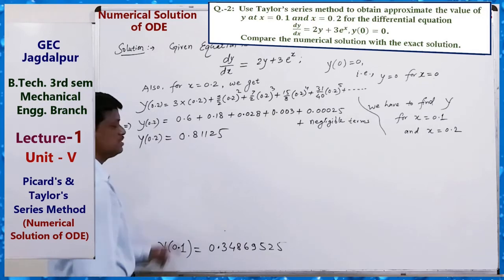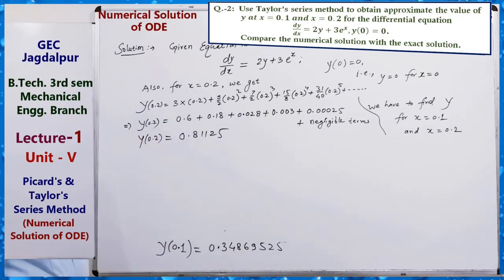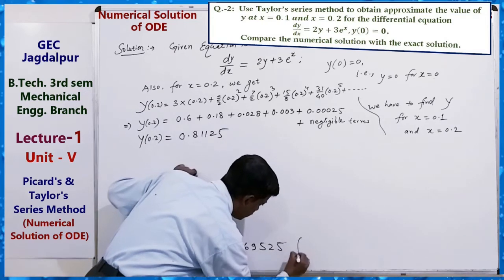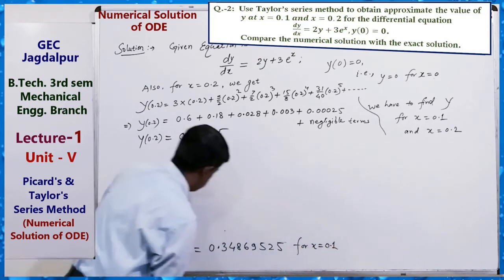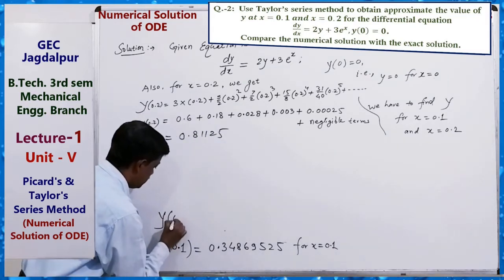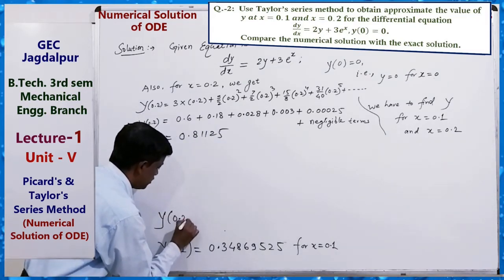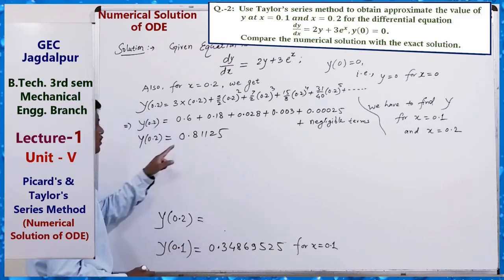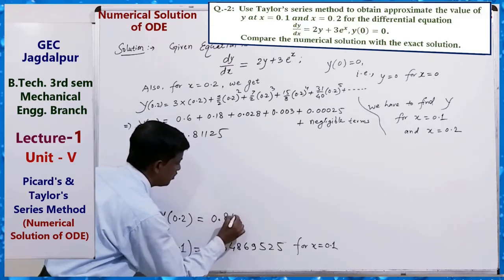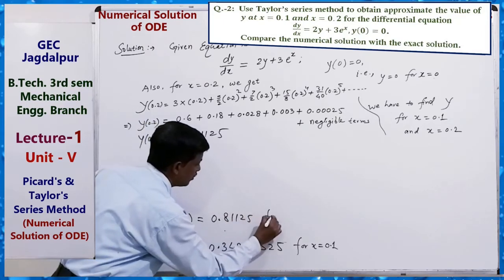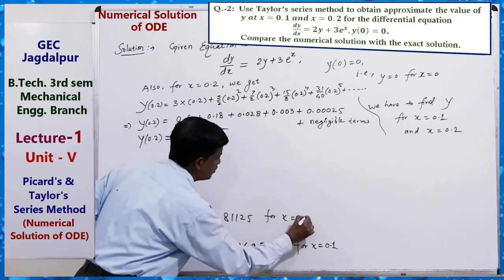This is the approximate value for x equals 0.1, and we get 0.81125 for x equals 0.2.